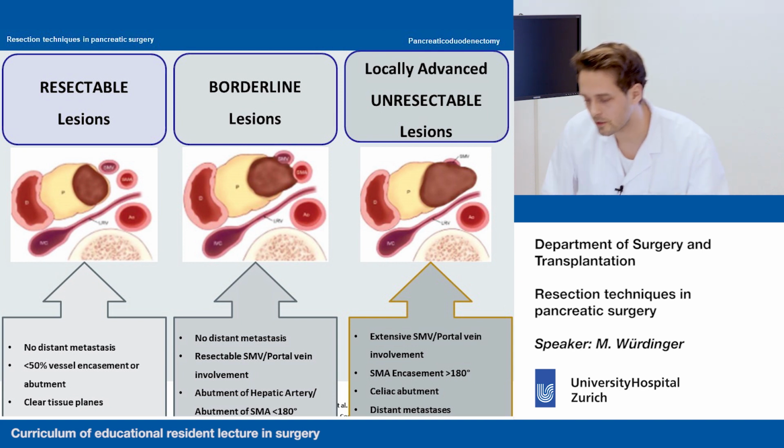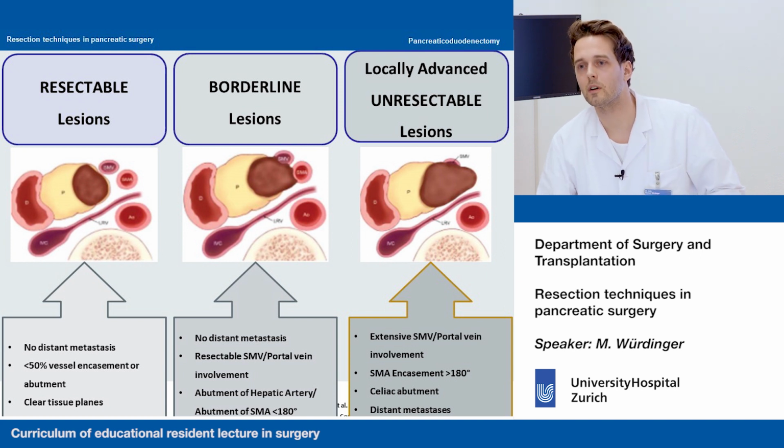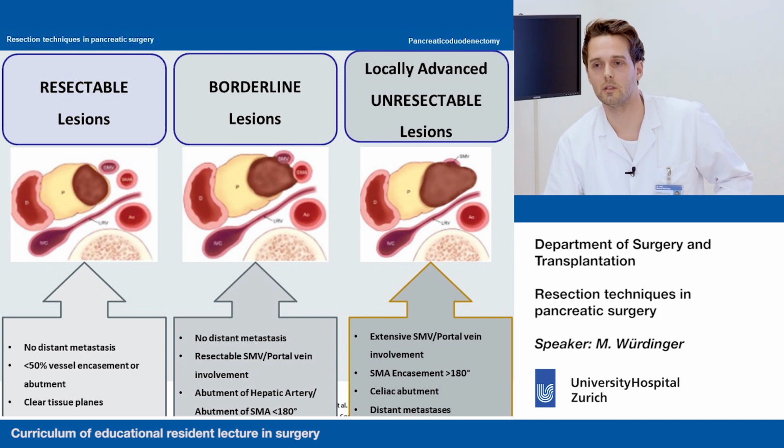Yeah, I think to the second one, the outcome is worse. I've read about 22 months in Whipple's procedure, for example. I don't know. There are data now that you have 50 months median survival with FOLFIRINOX, which is much higher than what you are suggesting here. That's true. Yeah.